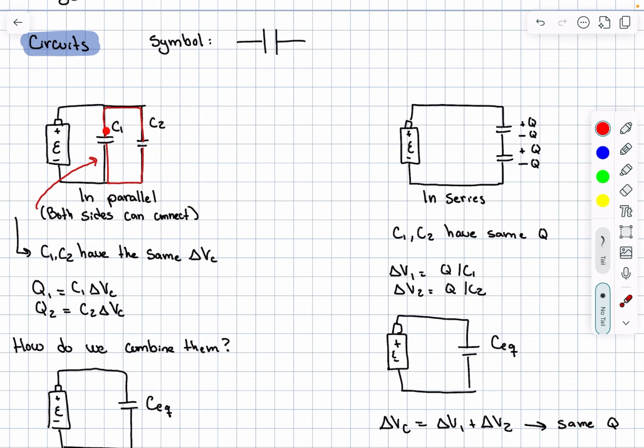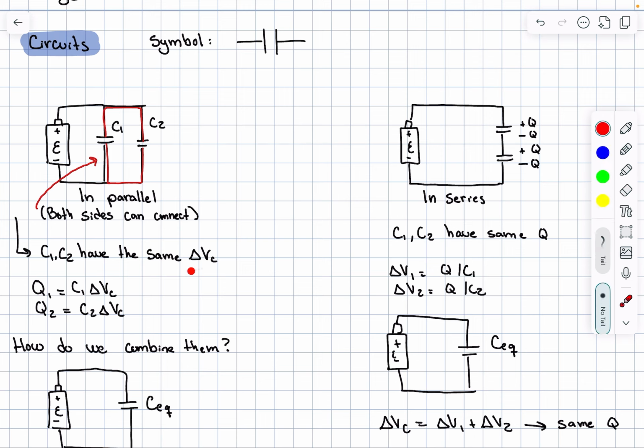So even if C1 maxes out and can't take any more charge, well, C2 can, and it can keep taking charge until they both have potentials where VC1 equals VC2 is equal to delta V battery. So they can keep taking charge until their potential differences are the same as that of a battery. And that's what we express here.